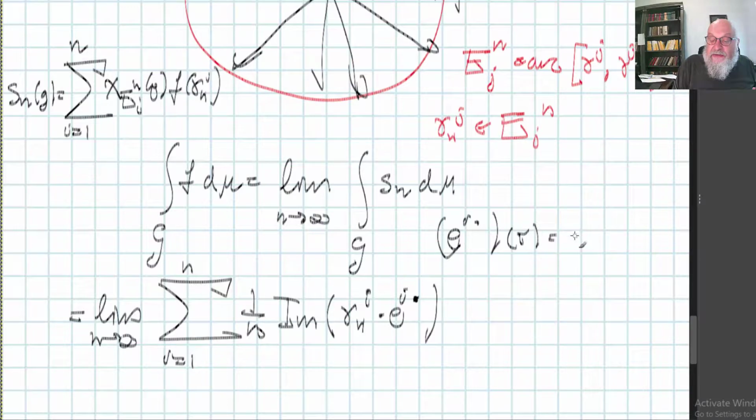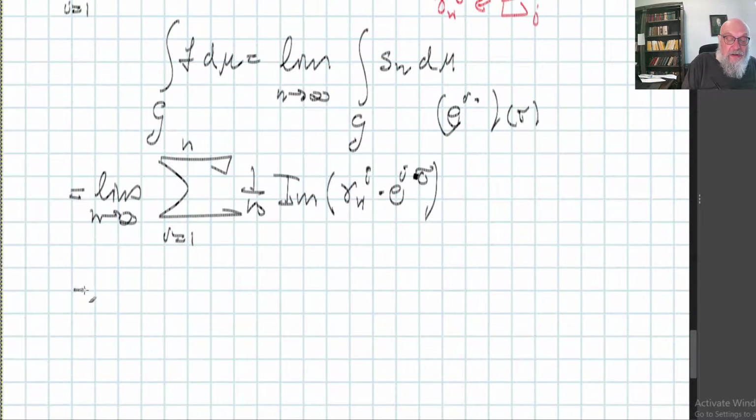That's our function, e^{i tau}. Because this is an element, I could write it down. Put here tau, then we can understand it better.